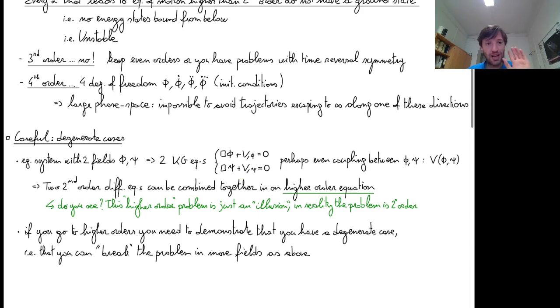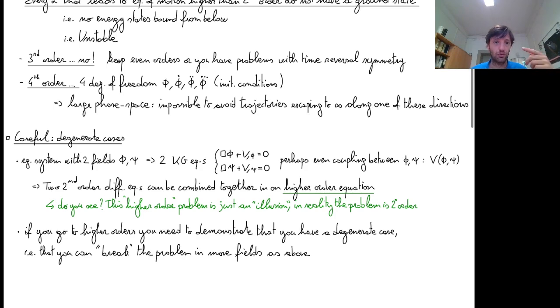But one has to be careful, because you might build a theory which looks like third order or fourth order in terms of derivatives, but actually might be reduced to a combination of more fields described by second order differential equations.